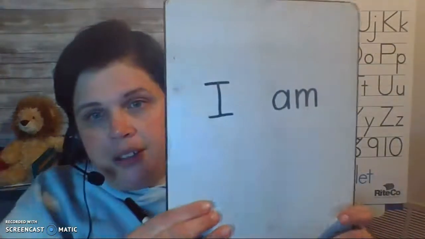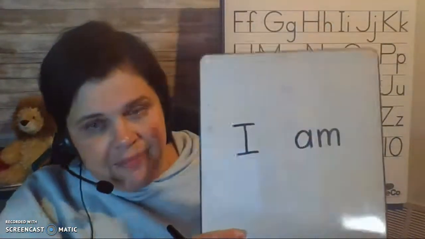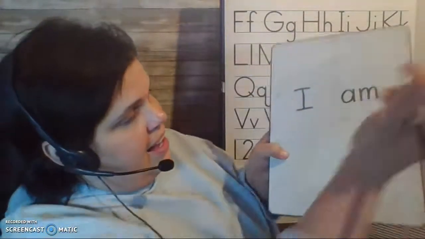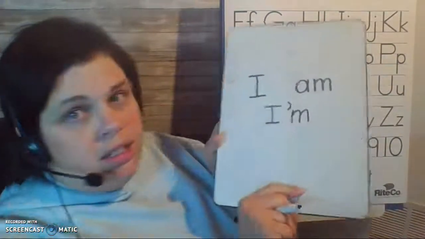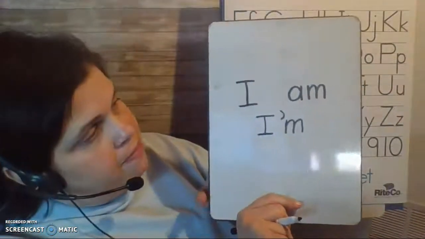All right, the two words that make up I'm. Are you ready? I wrote them on my board. You have them on yours? Here we go. Did you have this? I am. I am goes together to make the contraction I'm. Okay, excellent. Let's go check the next one.